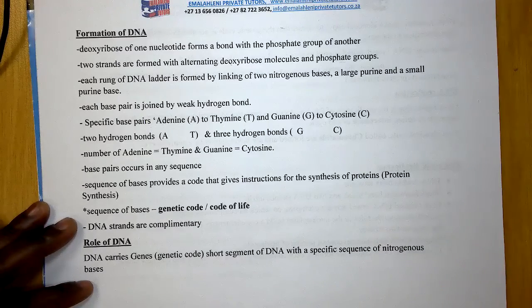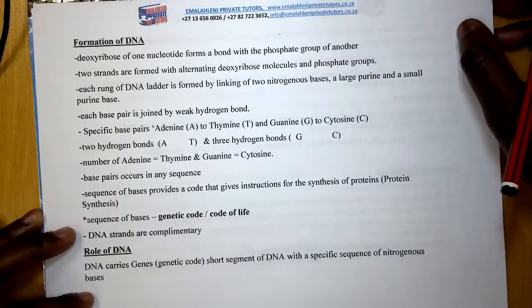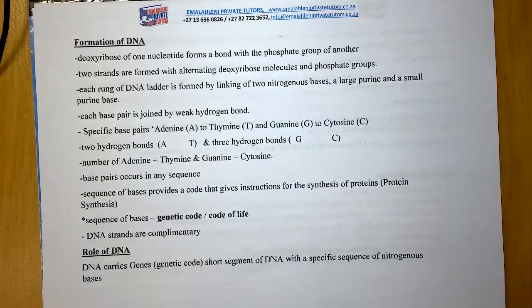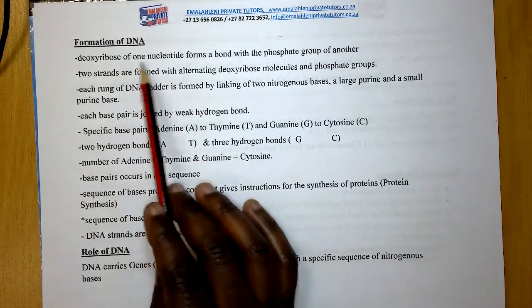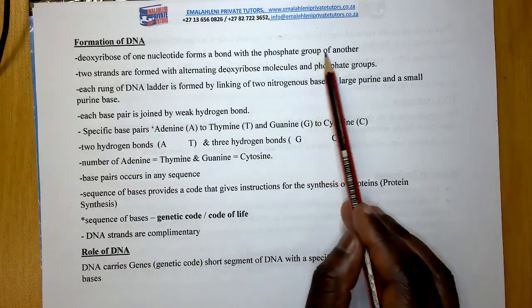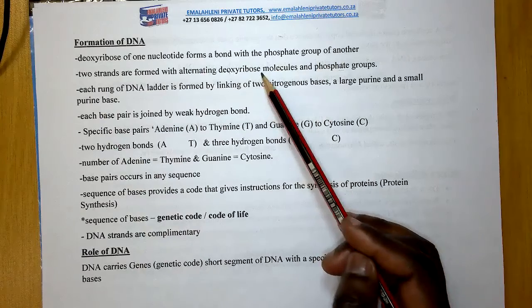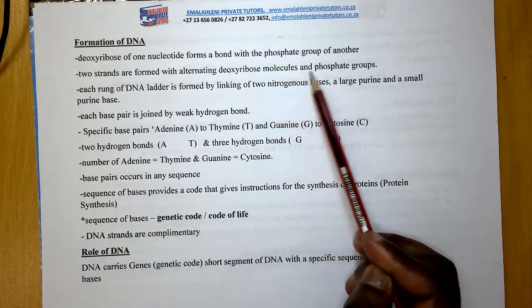Okay. Now I want to understand the formation of DNA. How is your DNA formed? So deoxyribose of one nucleotide forms a bond with the phosphate of another. Then two strands are formed with alternating deoxyribose molecules and phosphate groups.